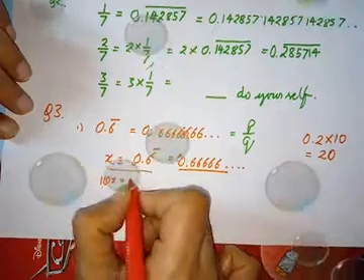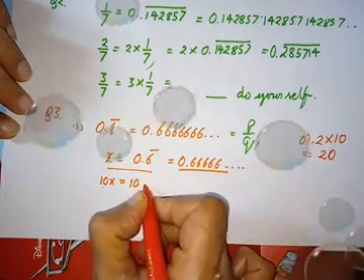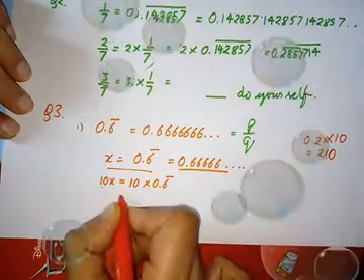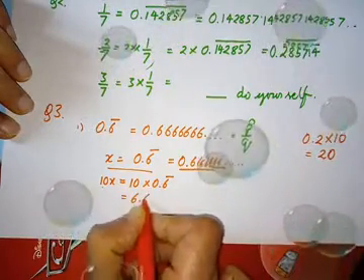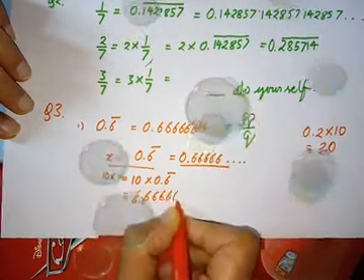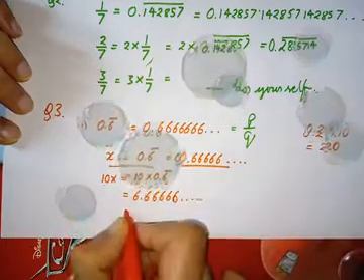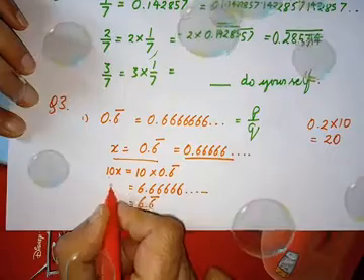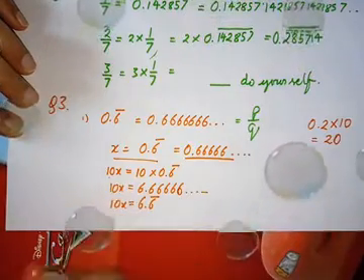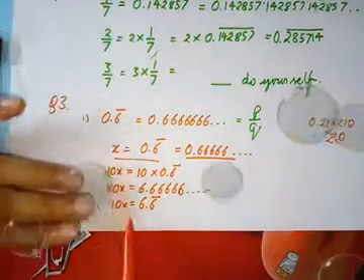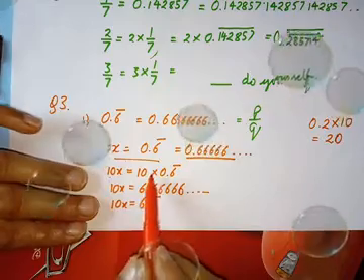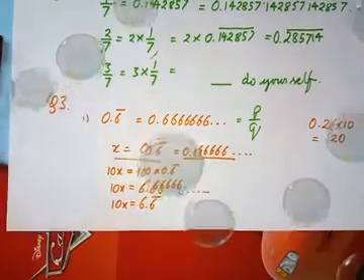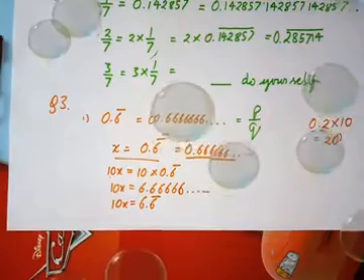So I'm writing 10 multiplied by 0.6 bar, which gives 6.6666 and so on, which again can be written as 6.6 bar. So it's 10x. You can directly write this step, but for explaining to you, I am writing these two steps so that this concept is very much clear in your mind. Now let us move.